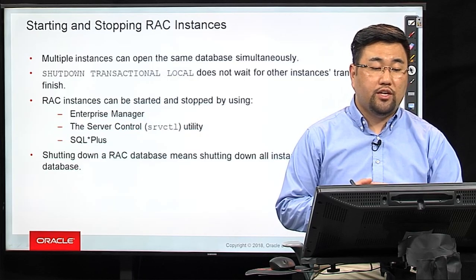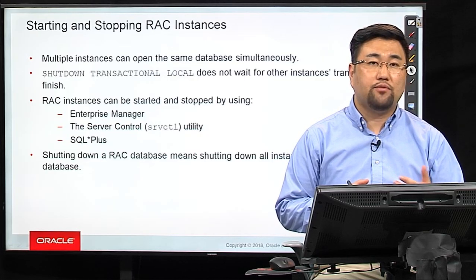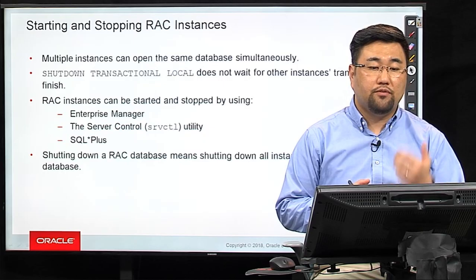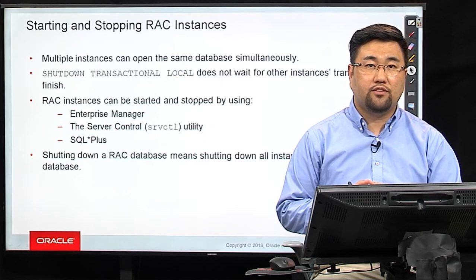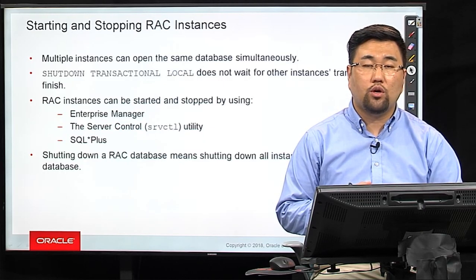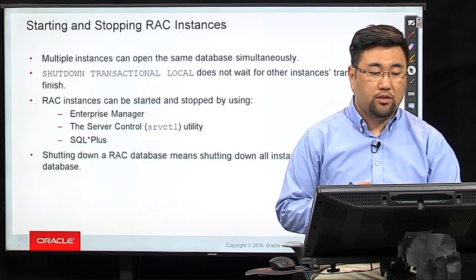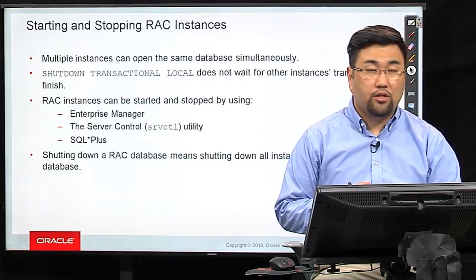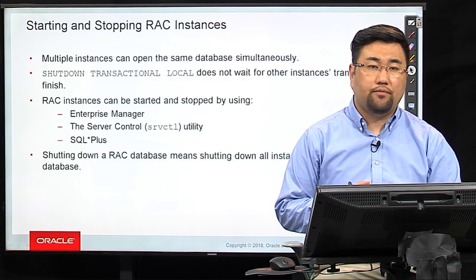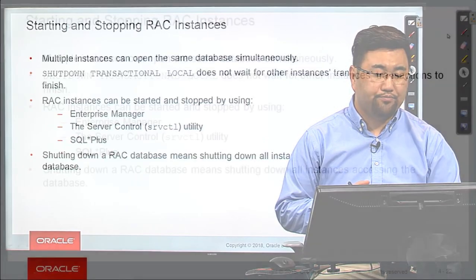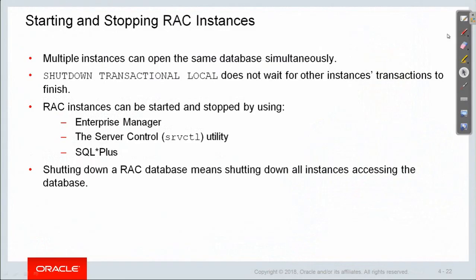If your intention is only to wait for active transactions of the connected instance, you have to add the local option: shutdown transactional local. And you can also shut down the database, meaning you shut down all instances of a database.